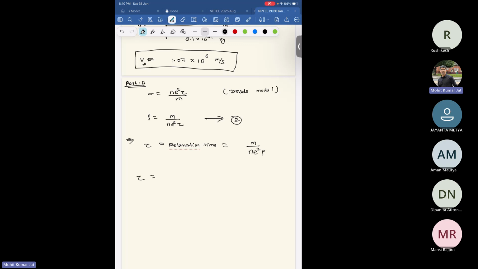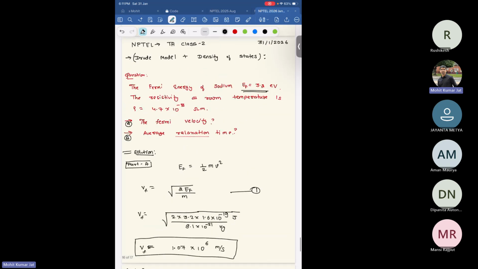Right? So taking n, the sodium electron density, let me also define it in the question so that it becomes clear, to be roughly 2.65 into 10 power 28 per meter cube. So let me define the problem: electron density is around 2.65 into 10 power 28 per meter cube.